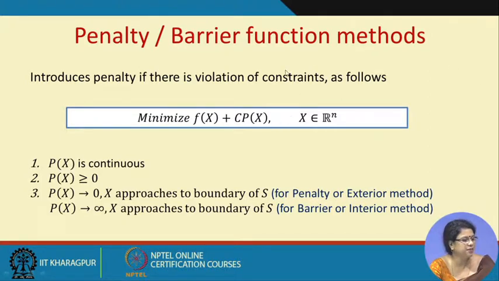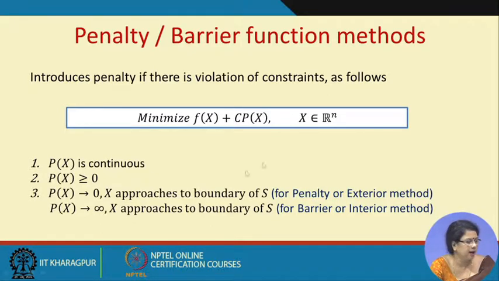Now there are certain properties of p(x). p(x) must be continuous, that is one property, and p(x) must be positive, that is another property. Next, p(x) tends to 0 as x approaches the boundary of S. This is for the exterior penalty function method, which is named the penalty method, and the interior penalty function method is named the barrier method.